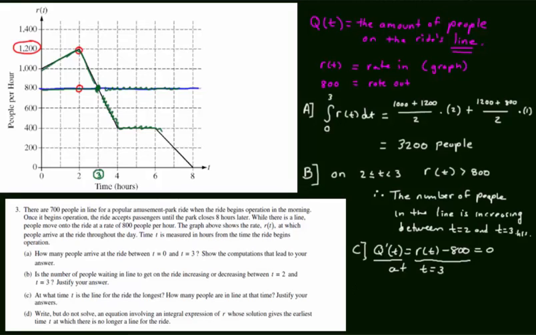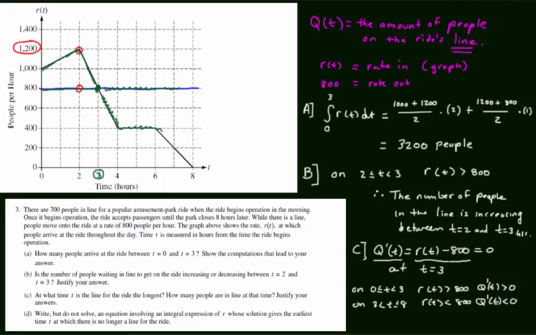Now on the time interval 0 to 3, our R of t is greater than 800, meaning Q prime of t is greater than 0. While on the interval 3 to 8, R of t is less than 800, meaning Q prime of t is less than 0.